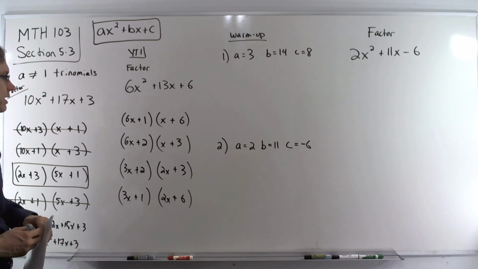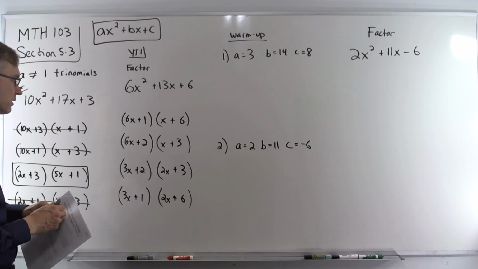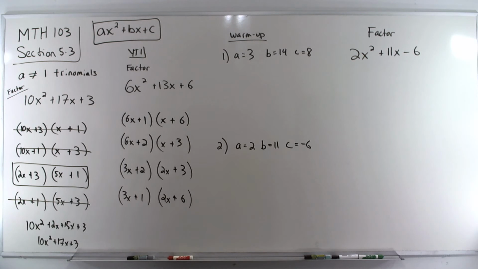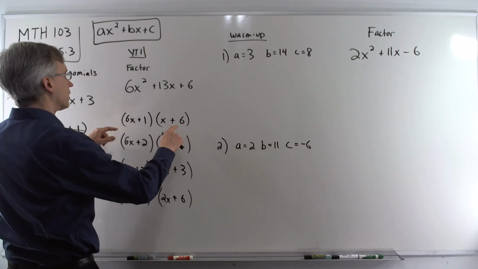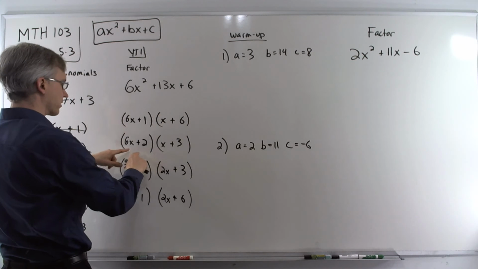And we'll try some different combinations in there. And there are a few more you can try. And now let's start foiling. So we get 36x here. Well, that's not going to match 13x. So let's go on to the next one.